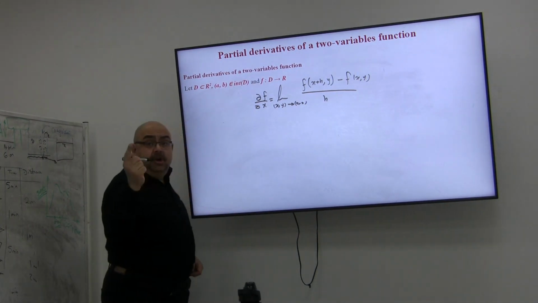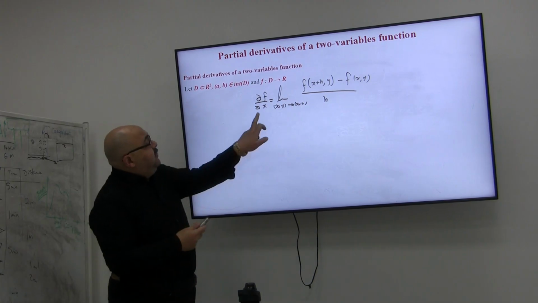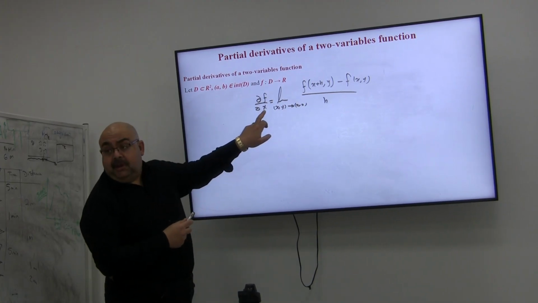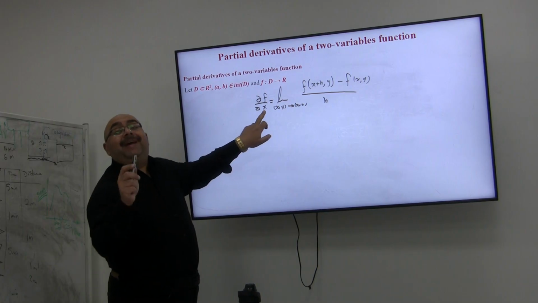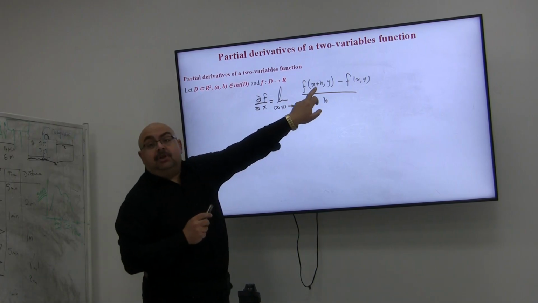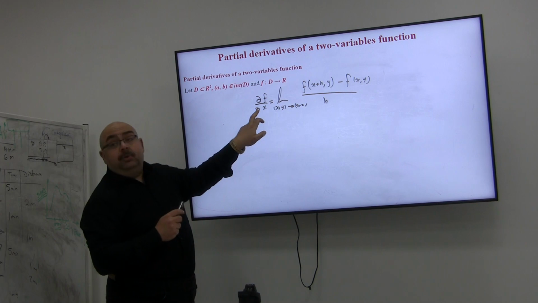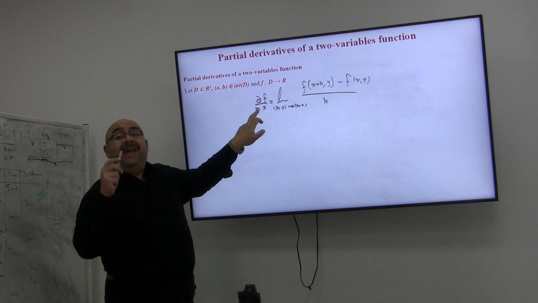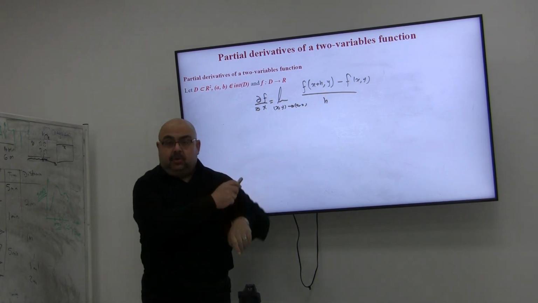This is the law. Remark, I'm differentiating with respect to x. So I put the increment in the x direction. If I am differentiating with respect to y, I will put the increment in the y part, and so on.